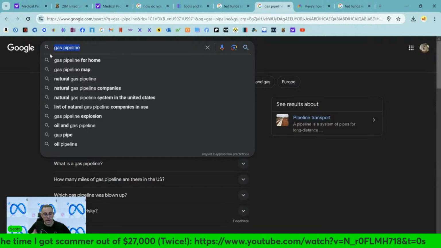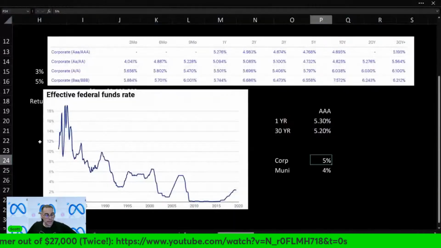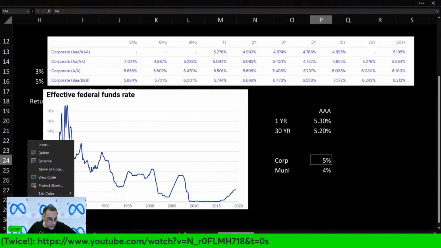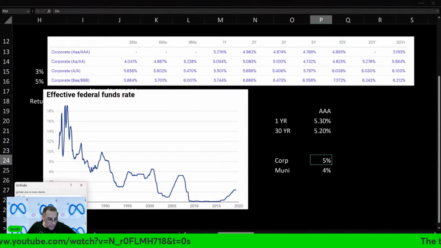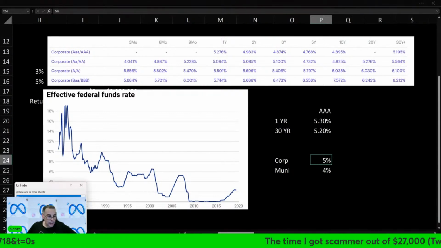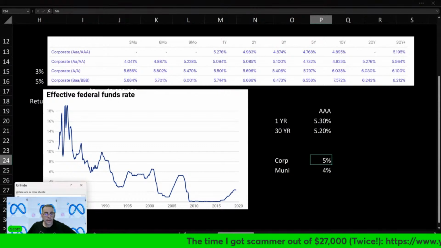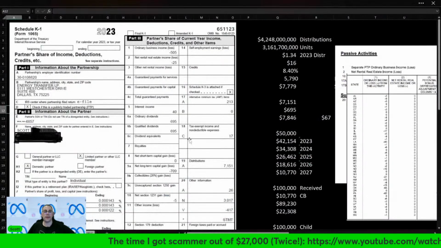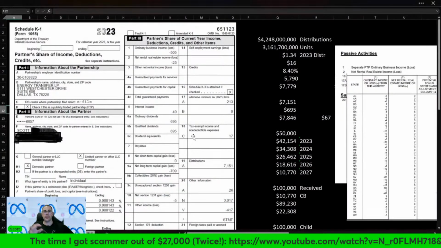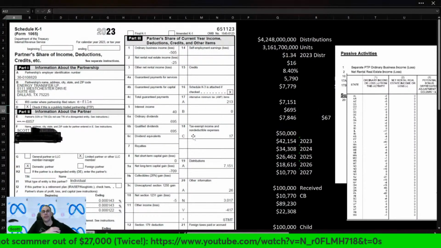But I forgot to tell you guys. No, I think they're really good stocks. They're much less risky because companies are always looking to transport oil from upstream to downstream.